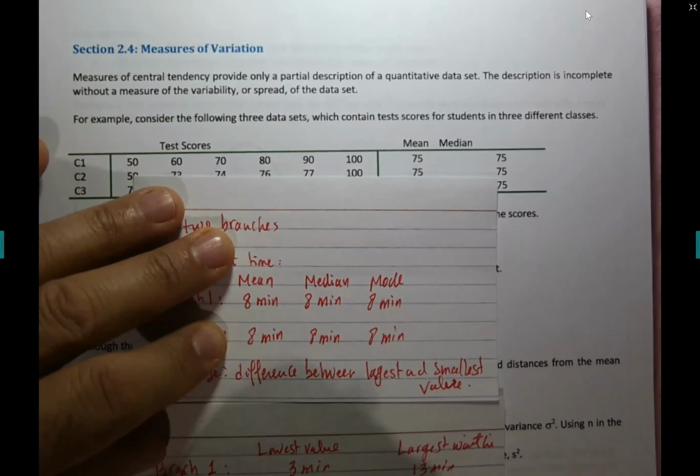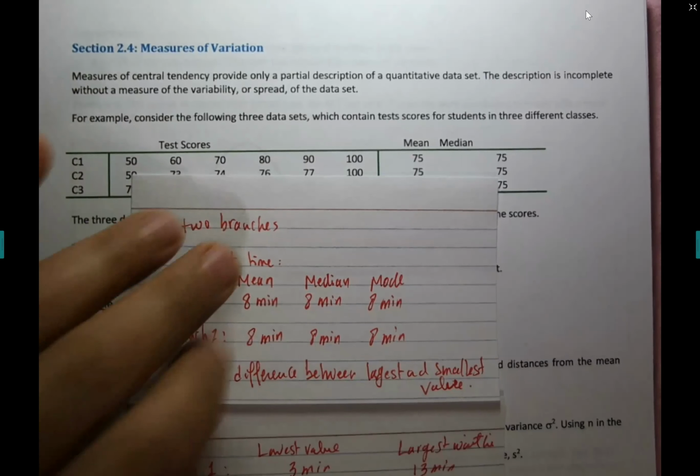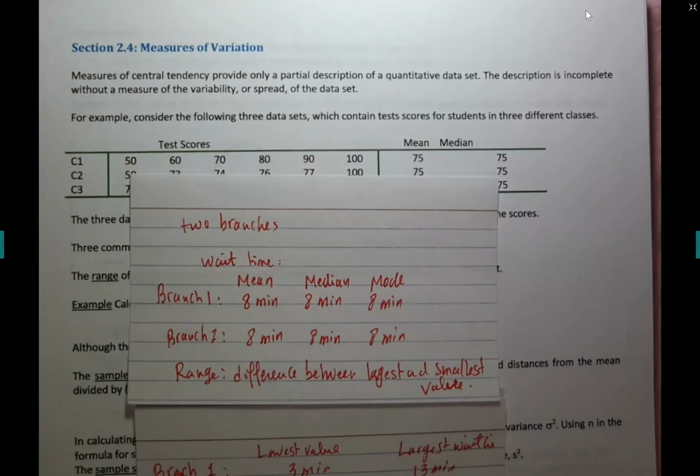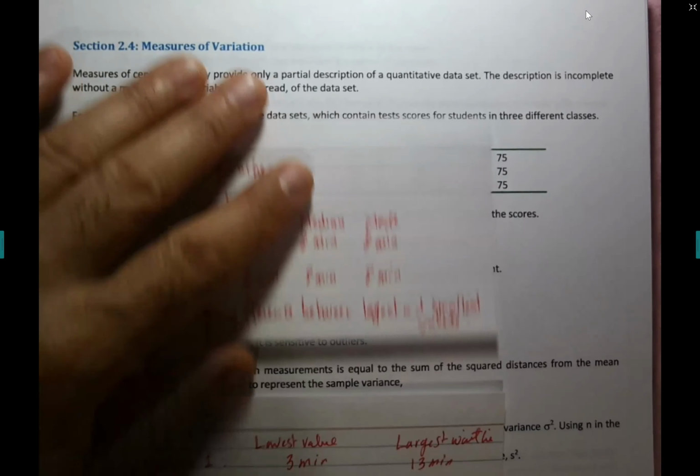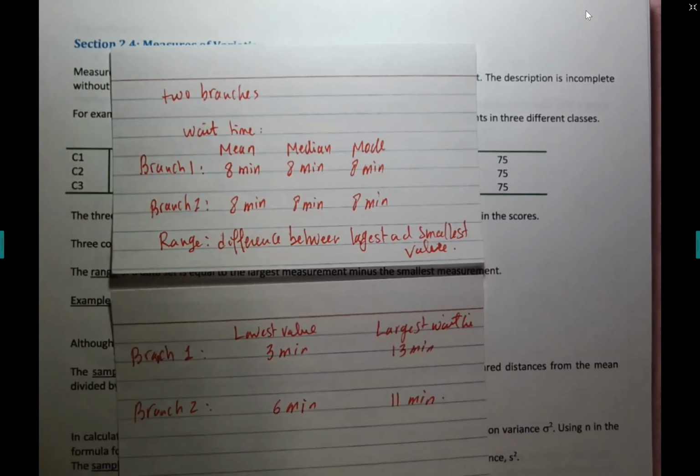And for branch 2, the lowest value was 6 minutes and the largest was 11 minutes. What would be the range of wait time from branch 1, guys? What would be the range here?